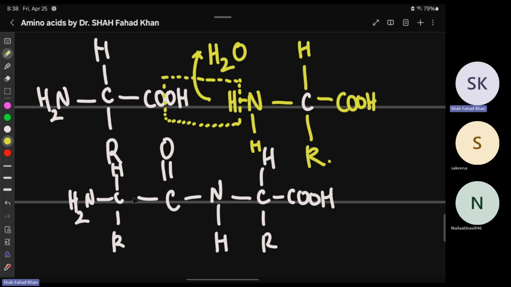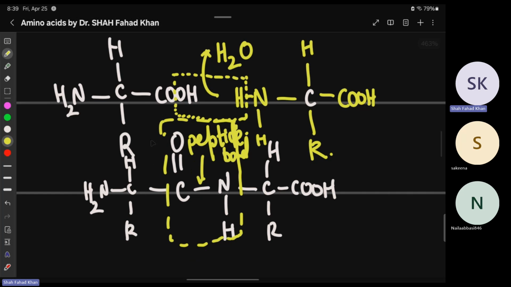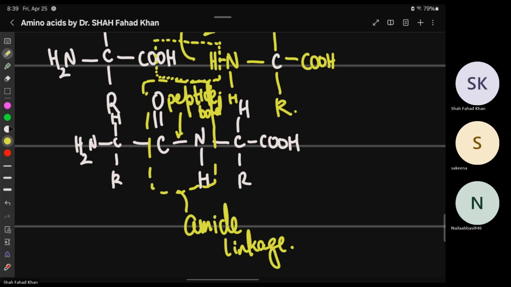Now, this bond that you guys can see over here in the center, the carbon-nitrogen bond, that's your peptide bond, okay? The entire linkage is called amide linkage. This compound that you guys can see has been created.